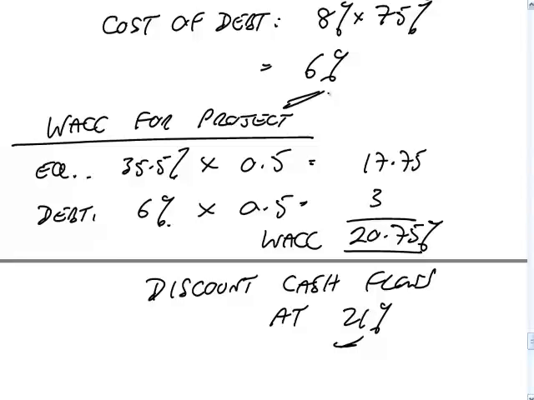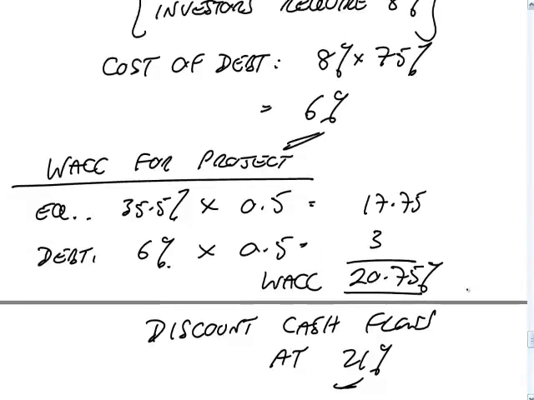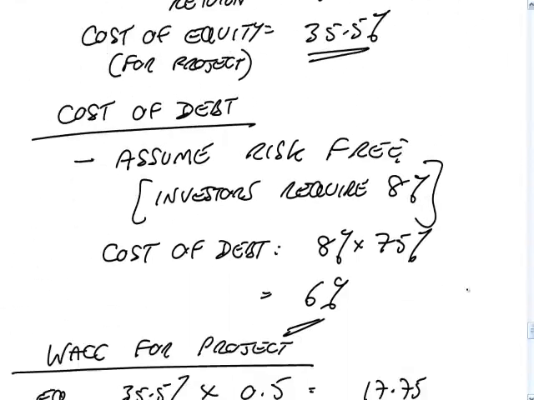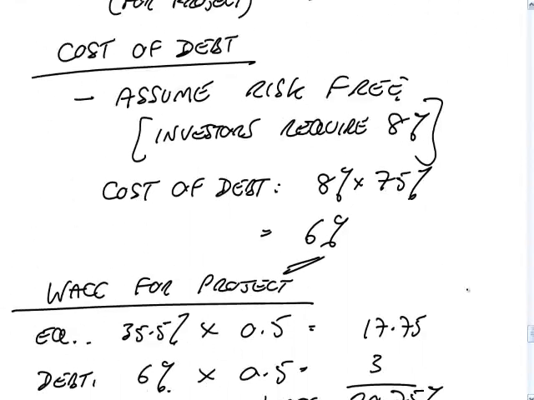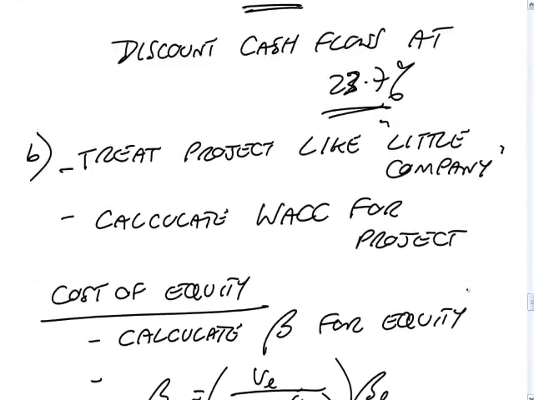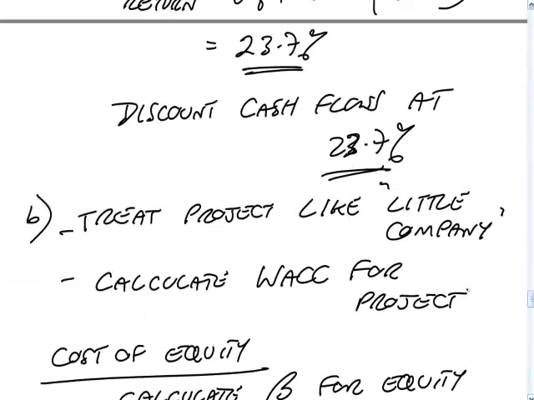But you're not surprised, in fact, because this formula comes from Modigliani and Miller. If it was all equity, we needed, what was it? 23.7, I'm sorry. 23.7.